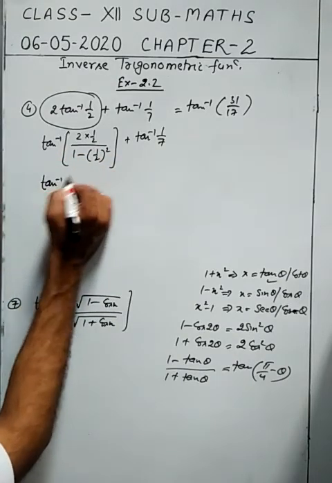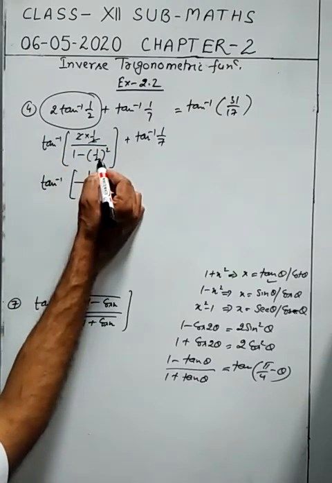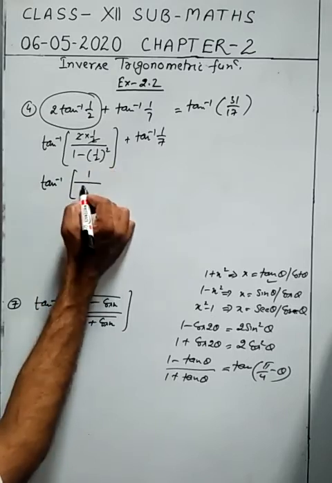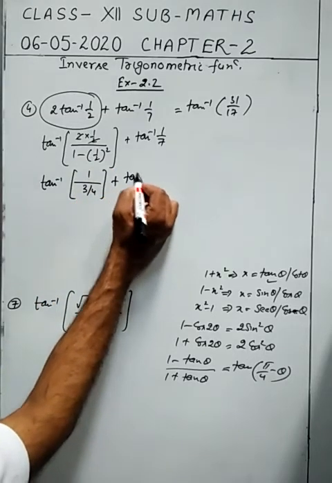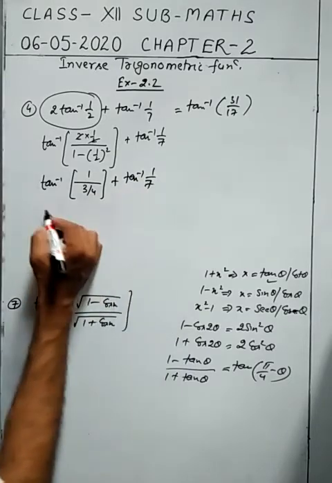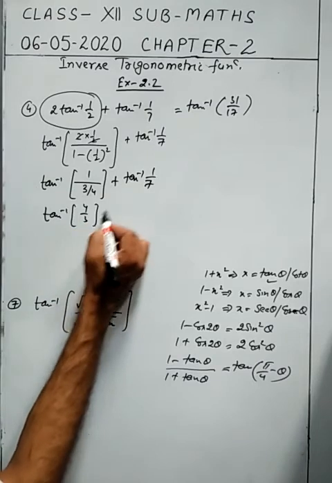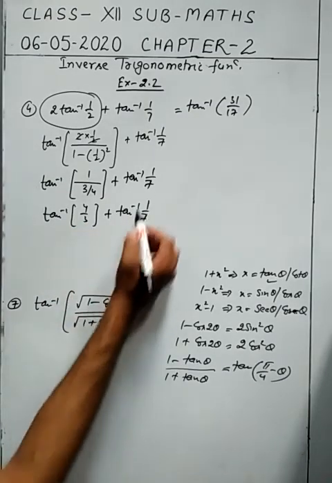Now the 2 cancels with the 2, so this is 1 minus 1 by 4, and we are left with 3 by 4 plus tan inverse 1 by 7. This is tan inverse 4 by 3 plus tan inverse 1 by 7.